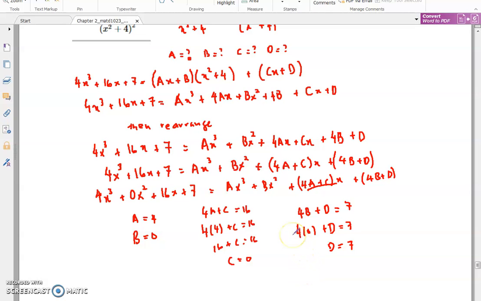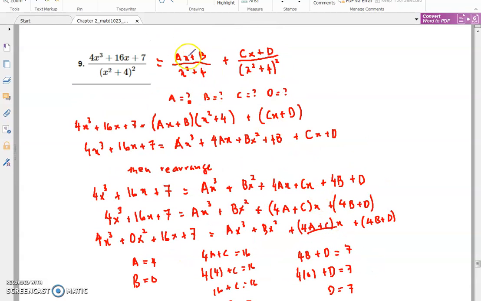What we are going to do next is replace all the values of a, b, c, and d back into our main partial fraction. The value of a is 4, so it will be 4x plus 0, which is nothing there, over x squared plus 4.